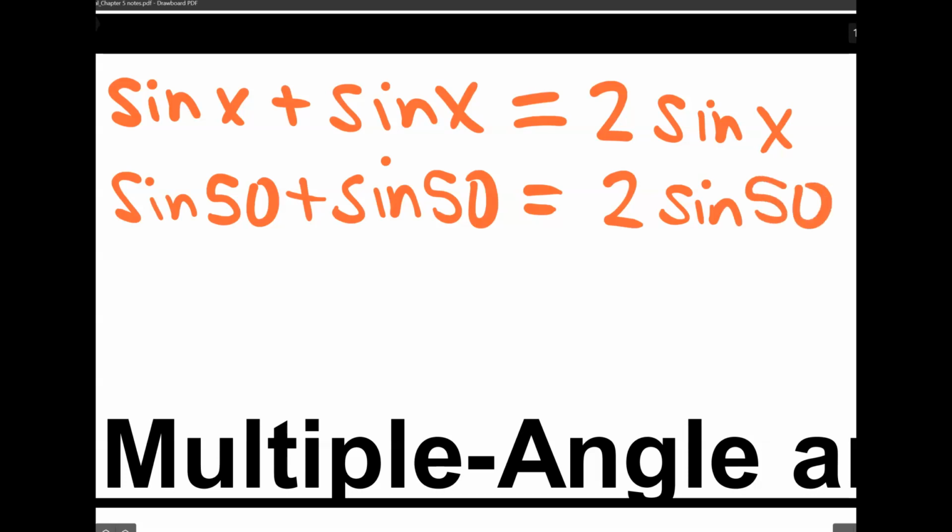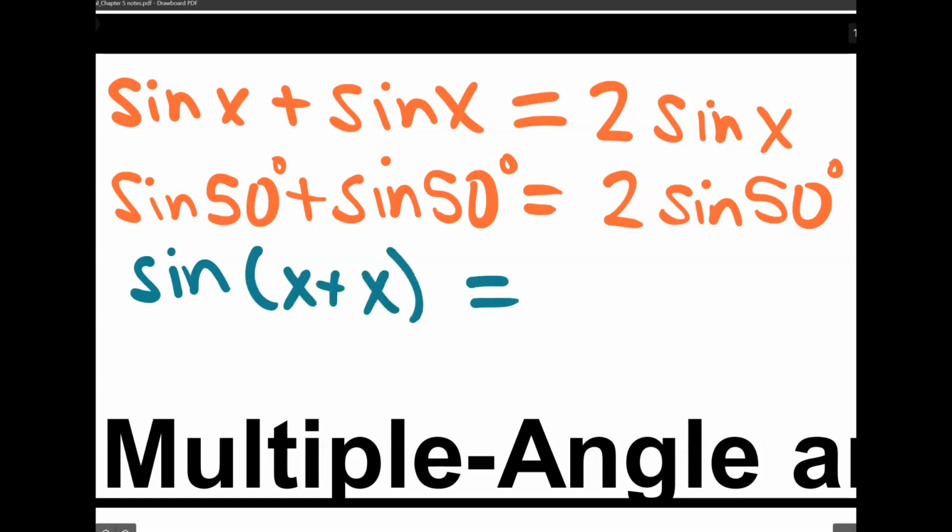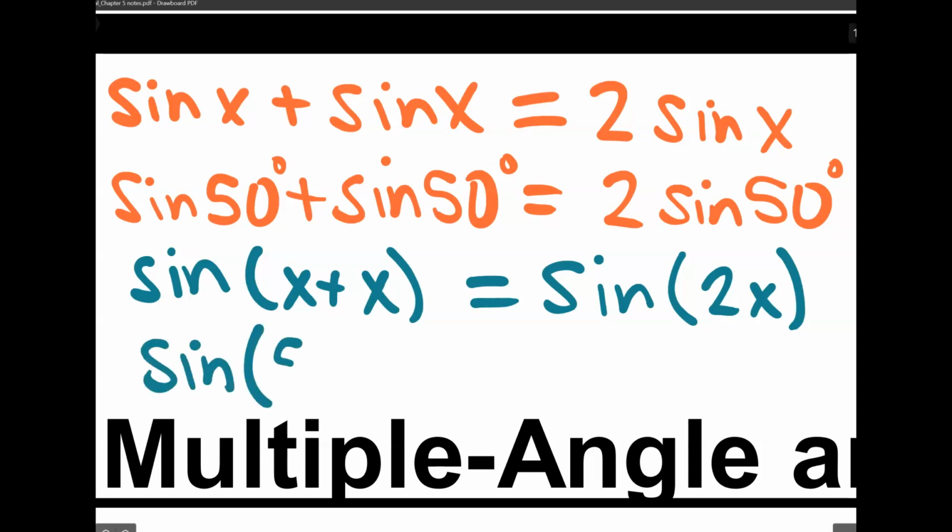Notice I'm not adding the angles. Okay, let's try another one. How about if I do sine of x plus x? What is this equal to? Sine of 2x. Beautiful. Okay. What if I have sine of 50 degrees plus 50 degrees?